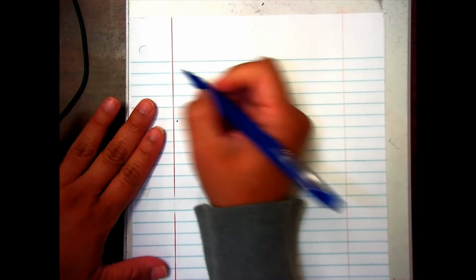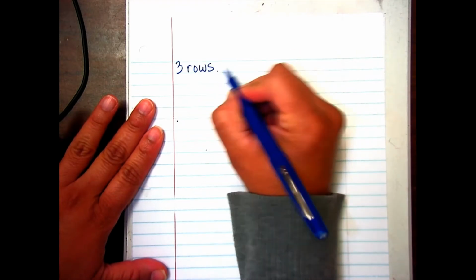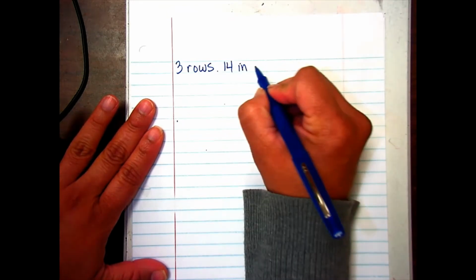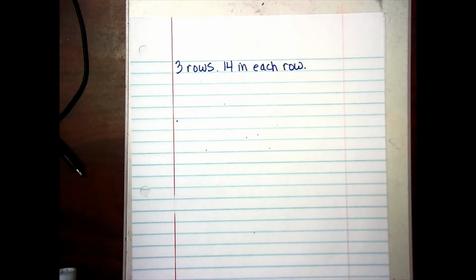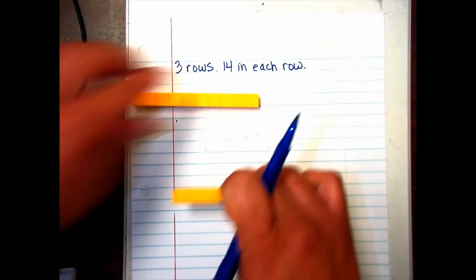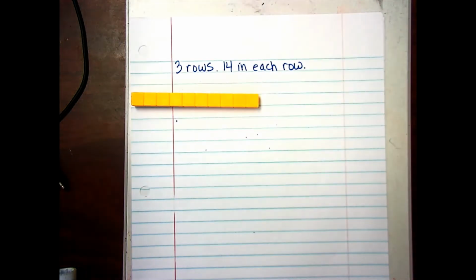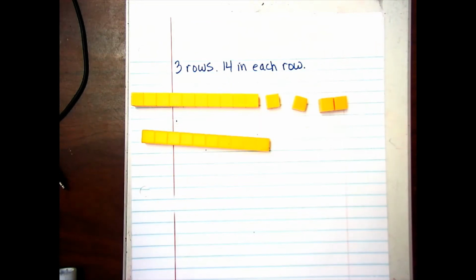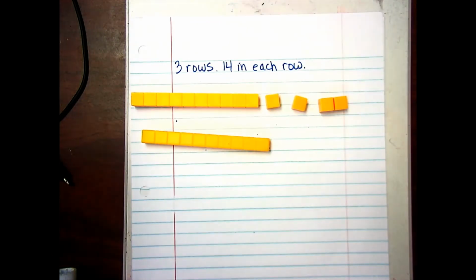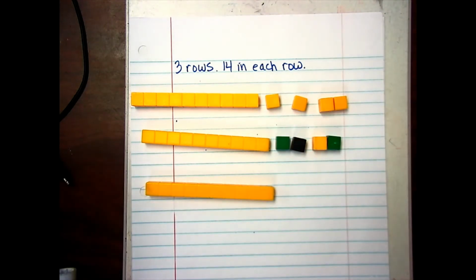Okay, now let's do 3 rows with 14 in each row. Okay, so 14 in each row, and we have 3 rows. So 10, 11, 12, 13, 14, 10, 11, 12, 13, 14, and our last row.